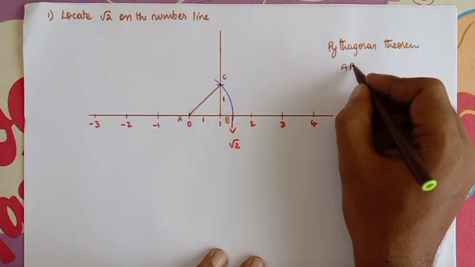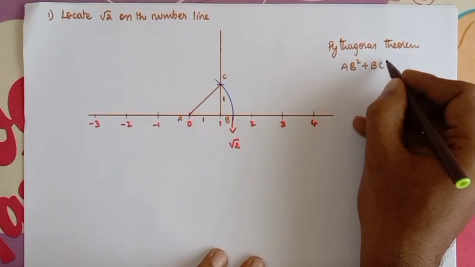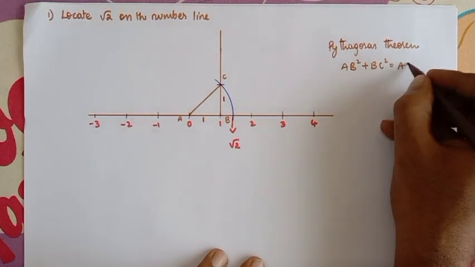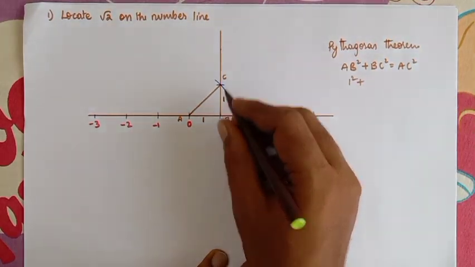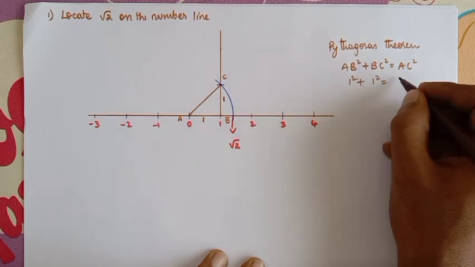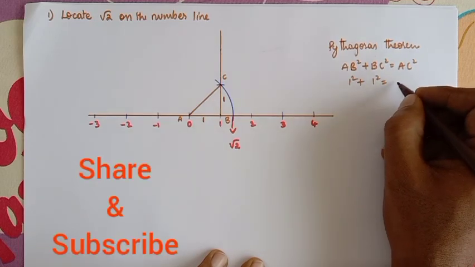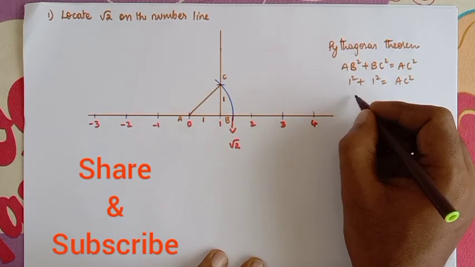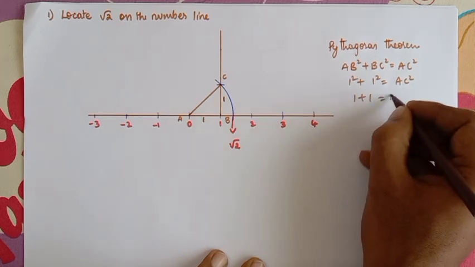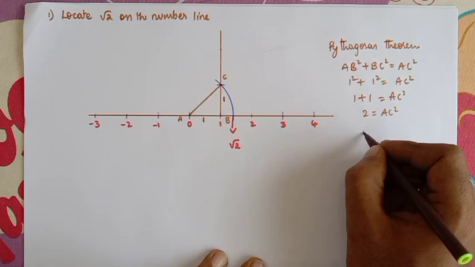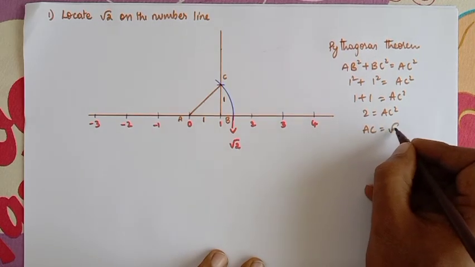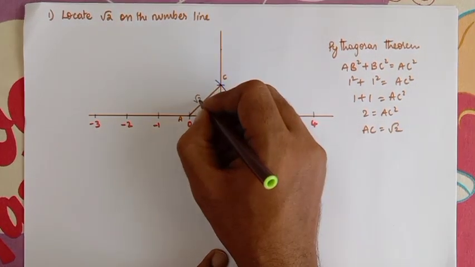AB square plus BC square is equal to AC square. AB square is 1 square, plus BC square is 1 square, is equal to AC square. 1 plus 1 is equal to AC square. 2 is equal to AC square. So AC is equal to root 2. So this one is root 2.